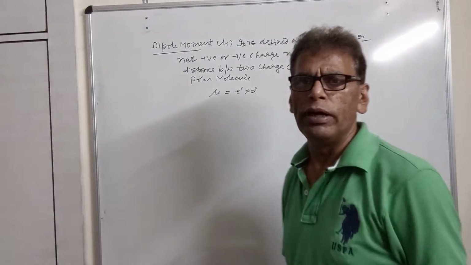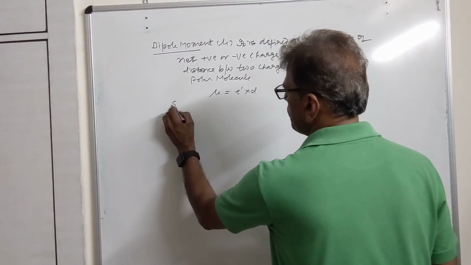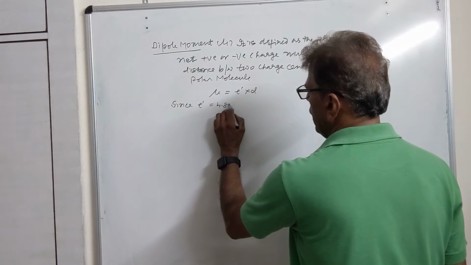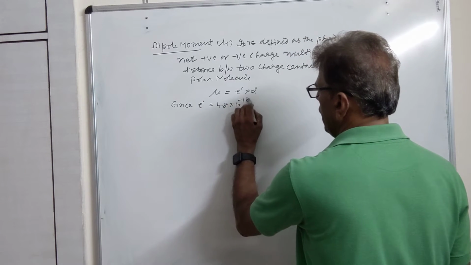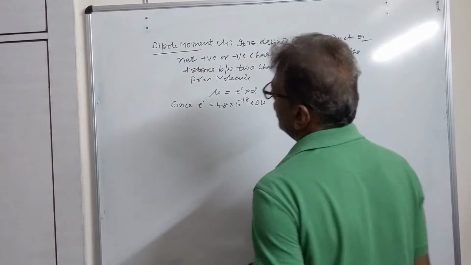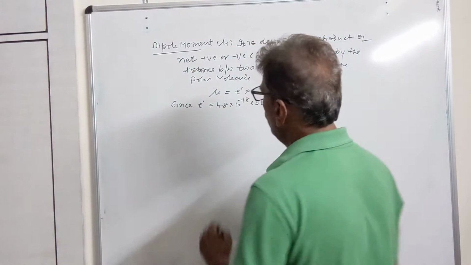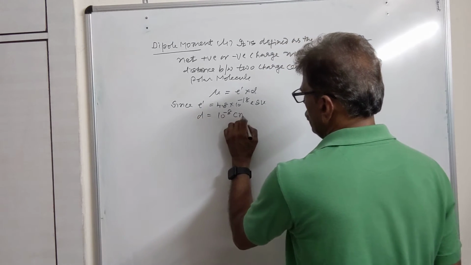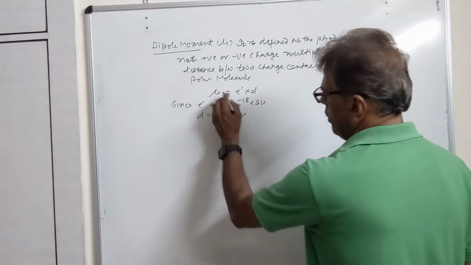This is dipole moment. Since charge is of the order of 4.8 into 10 raised to power minus 10 electrostatic unit, it is the charge carried by the electron which brings the charge in the polar molecule, and d is equal to the atomic size, that is 10 raised to power minus 8 centimeter.